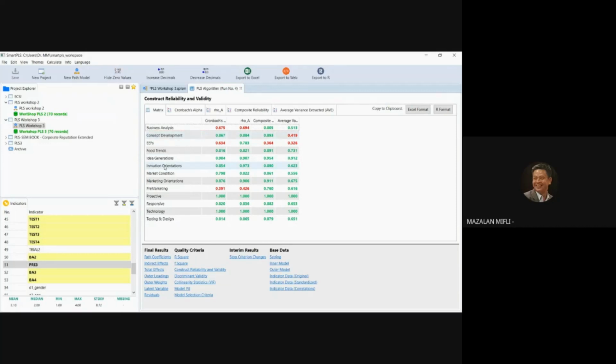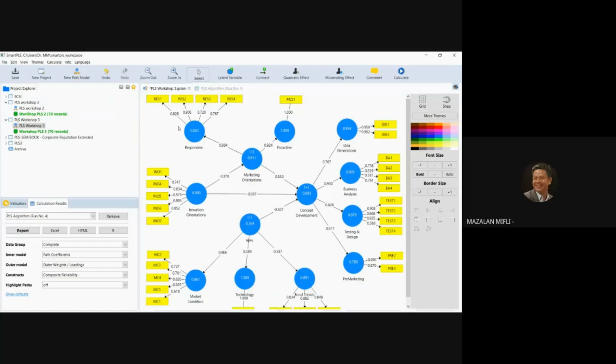Like concept development, innovation, marketing orientation, and external environment, don't worry about those, because in PLS we only look at the outer one, not the inside one. These 3, don't worry about these 3. We only worry about the outer one.